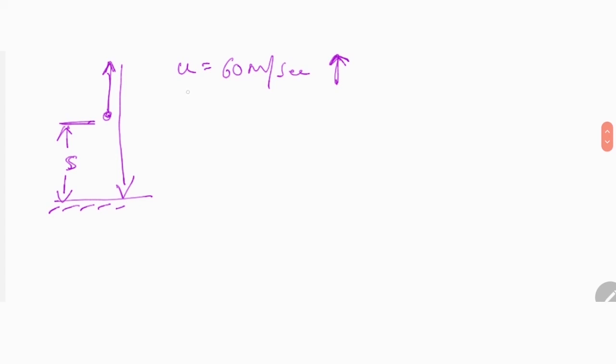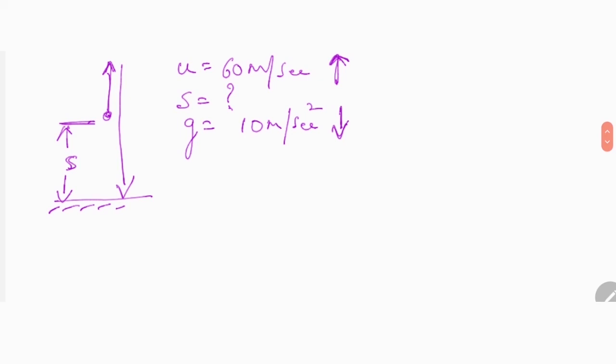Now S is something we have to find out, so we don't know S. What is our G? G is 10 meters per second square, always acting in the downward direction. I told you acceleration due to gravity is always in the downward direction.